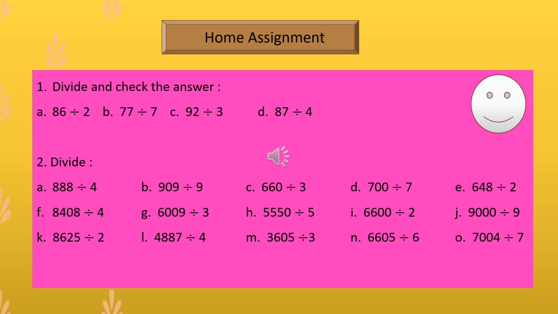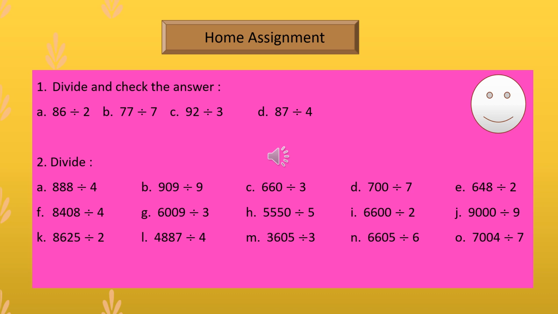I, 6600 divided by 2. J, 9000 divided by 9. K, 8625 divided by 2. L, 4887 divided by 4.